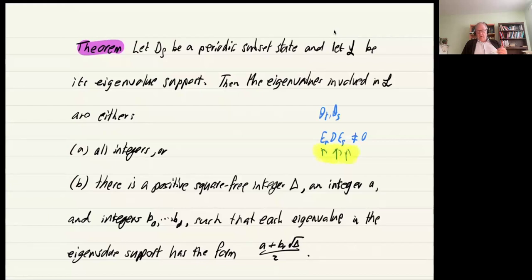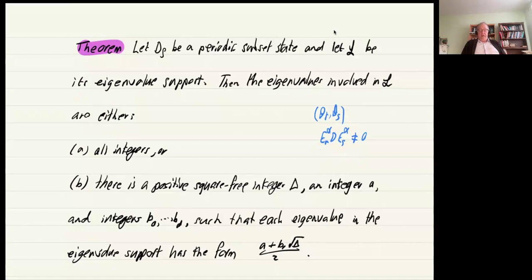So the point is that if E_R D E_S is not zero for a pair in our eigenvalue support, then more generally E_R alpha D E_S alpha is not zero. So the set of pairs in the eigenvalue support is closed under field automorphisms. Now that doesn't mean anything to you right now, but it will come up at a later point.